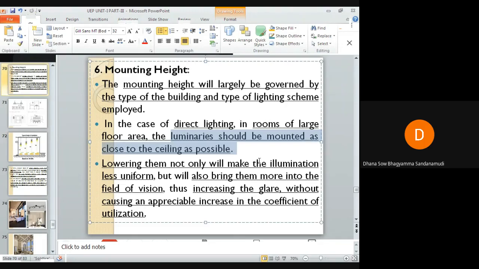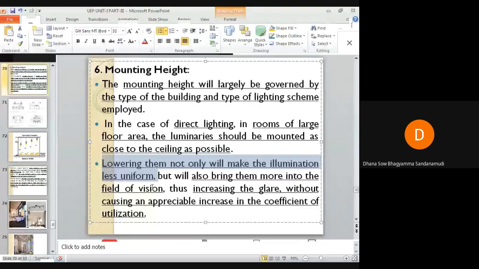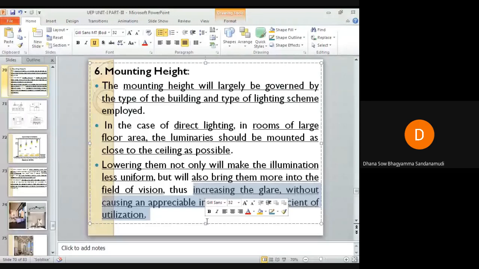Okay, so if I want to lower the luminaries, meaning if I want to fix the direct lighting lamps at a bit lower position, nearby to the surface, not completely nearby, but instead of fixing to the ceilings, if I want to reduce the height of the lamp with respect to the surface, then it may cause more field vision and increase the glare, without causing any appreciable increase in coefficient of utilization.